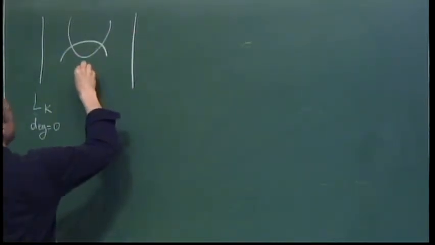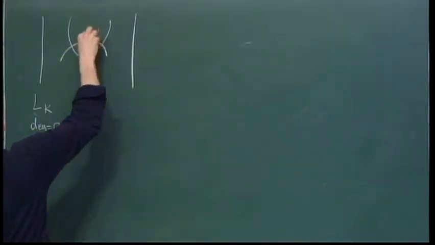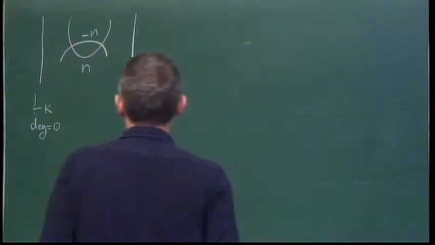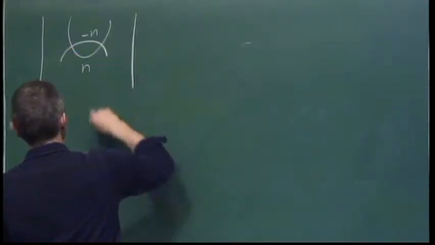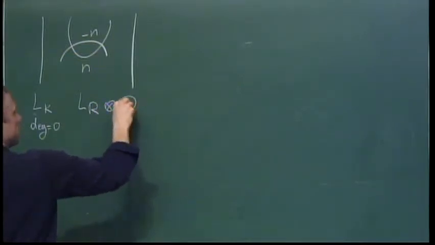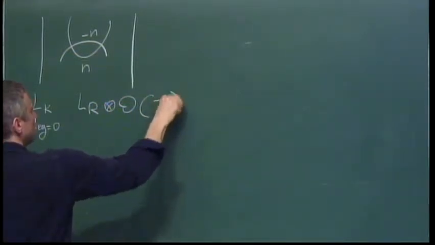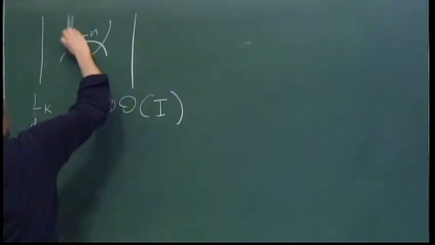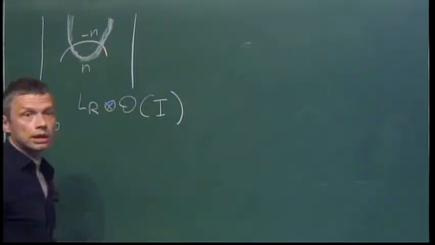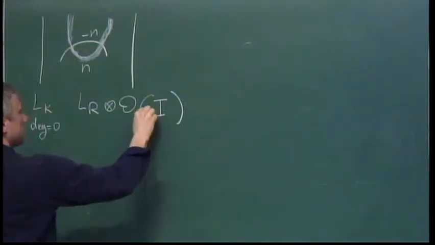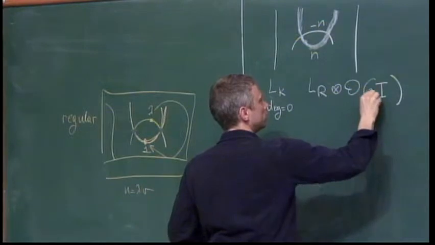So we certainly have total degree 0, but not necessarily degree 0 on each component. But we are actually considering this line bundle up to tensoring as many times as we want with this component I. I called it I because it's the one of the identity element. So I can take it as many times as I want.